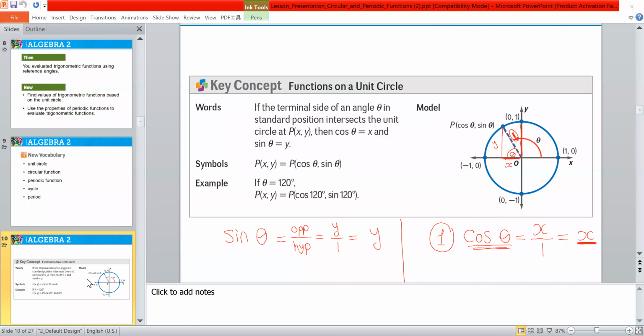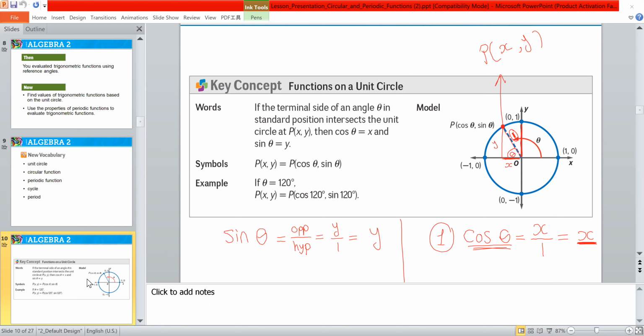If we have a point, this is our point, for example, the point always consists of x and y.